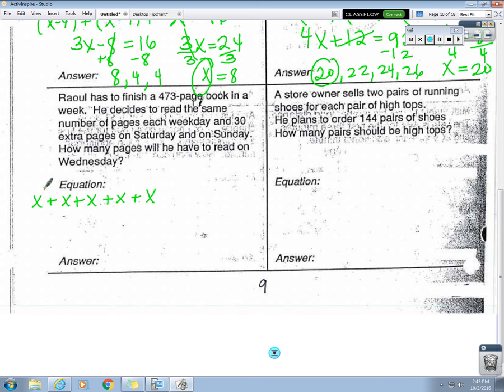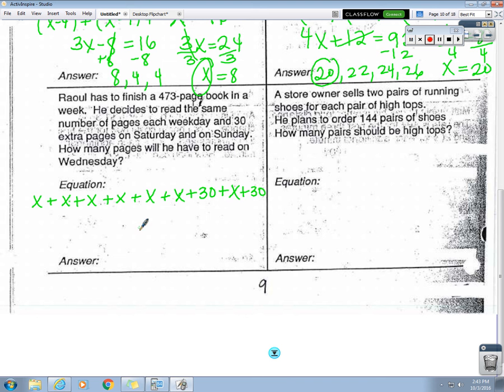That represents Monday, Tuesday, Wednesday, Thursday, Friday, each weekday, because he's reading the same amount, so they can all just be a regular x. But then come Saturday, isn't he going to read what he read Friday plus 30? And then on Sunday, isn't he going to read the same amount he was reading all week, but plus 30? So look, Saturday and Sunday have 30 pages extra each day.